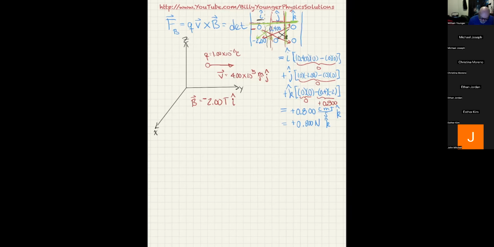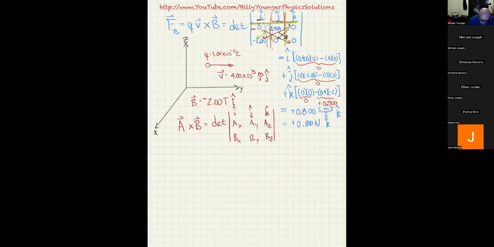So one thing, A cross B is equal to, as I just said, the determinant of A sub X, A sub Y, A sub Z, B sub X, B sub Y, B sub Z, i hat, j hat, k hat.